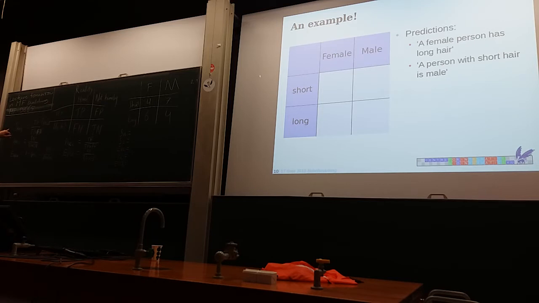All right, so we have our true positives, which you think is males with short hair, divided by that column, which is indeed 11. And then we have our specificity, which is true negatives, in this case females with long hair, which is 6 divided by 10. Everyone agrees? Good, we're writing this down.